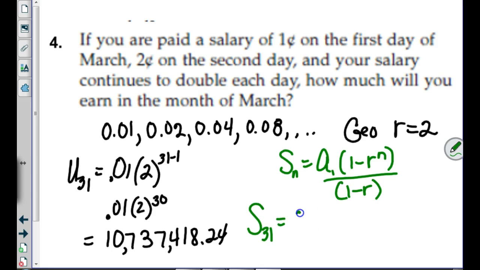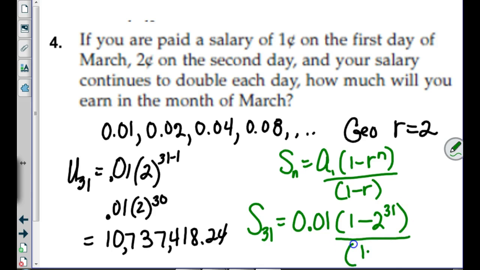So the first day was, yep, just 0.01. And what is r? Okay, I made a big deal about putting extra parentheses around the ratio. The only time you don't have to is if it's a positive whole number, so you really don't need extra. 2 to the 31 over 1 minus 2.